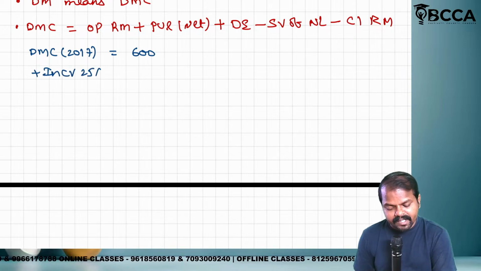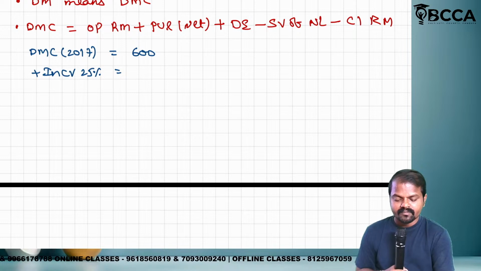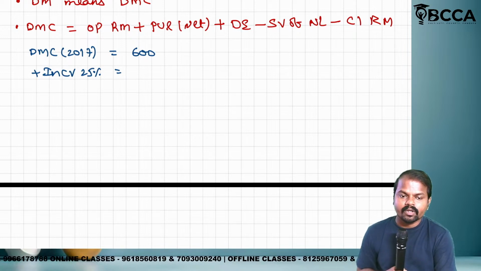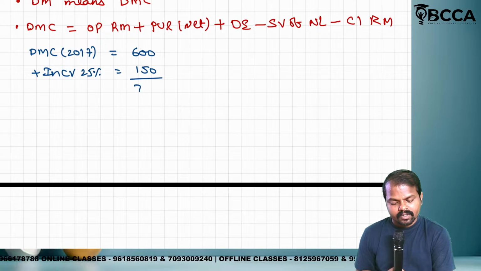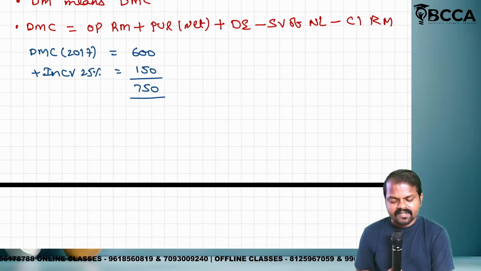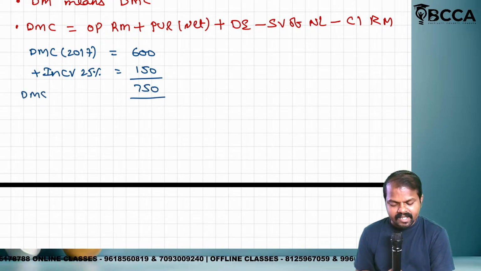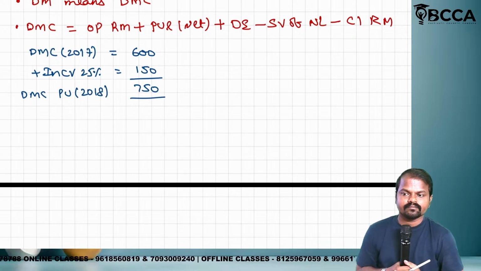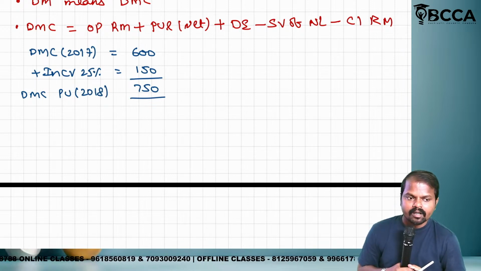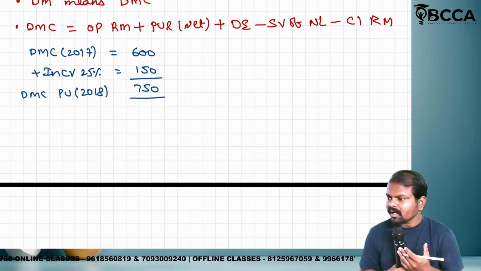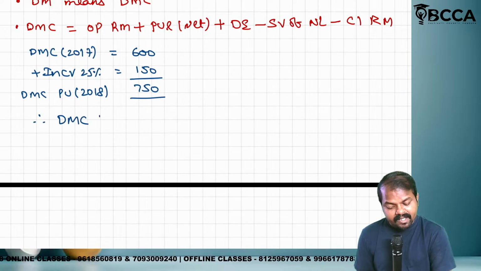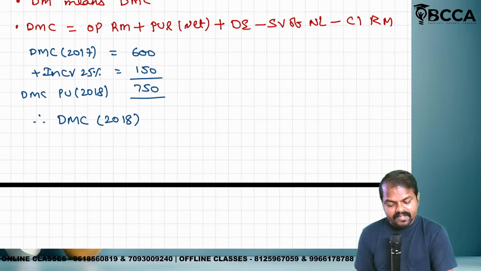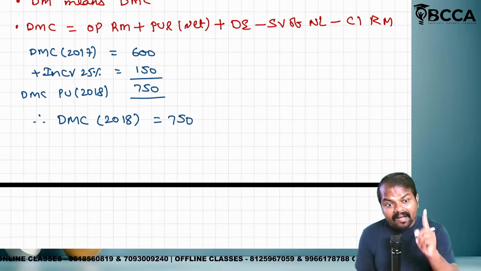Please take the calculator. 600 into 25%, it means 750. What is this 750? DMC per unit for 2018. Wrong or correct? Therefore, DMC for 2018 is equal to 750 rupees per unit.